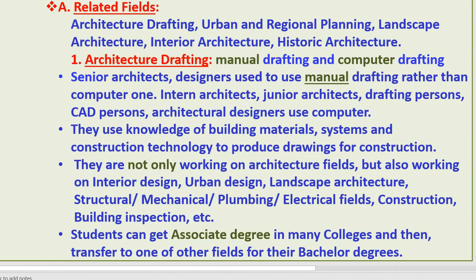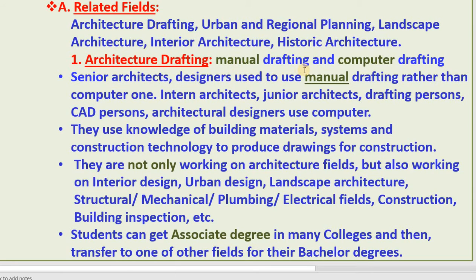If we talk about the related fields, we have many related fields with architecture. We have architecture drafting, urban and regional planning, landscape architect, interior architect, and historic architecture. So first of all, architecture drafting, we have two different ones.